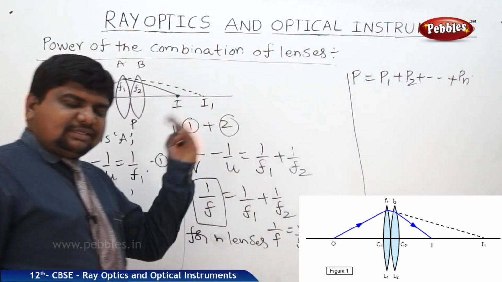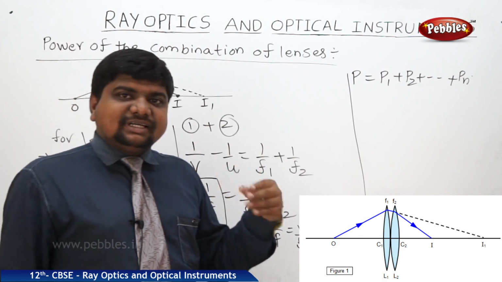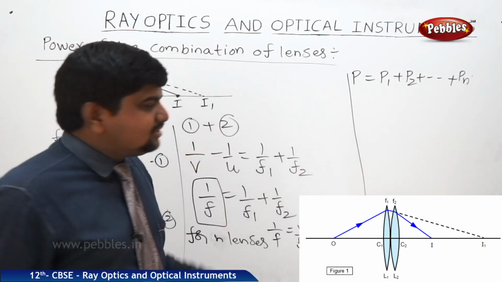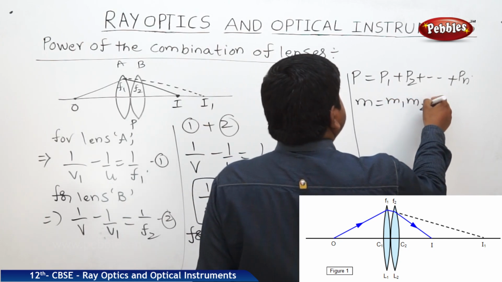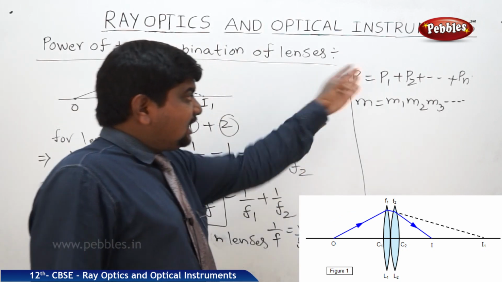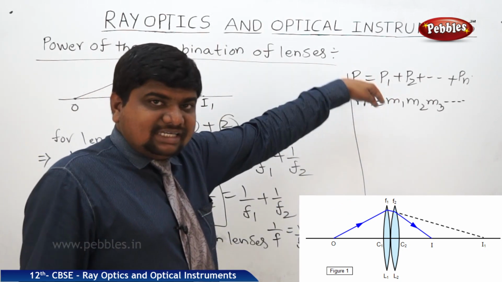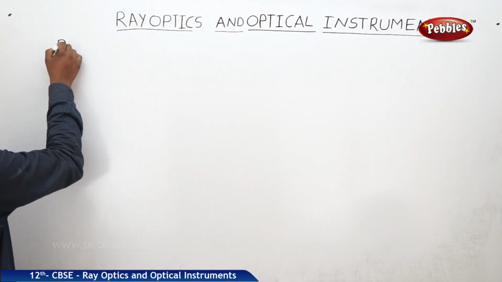As the power goes on increasing, there is a possibility for the enhancement in the size of the image. That's why magnification multiplies. So powers are added, magnification is multiplicative. Now we will see refraction through prism.